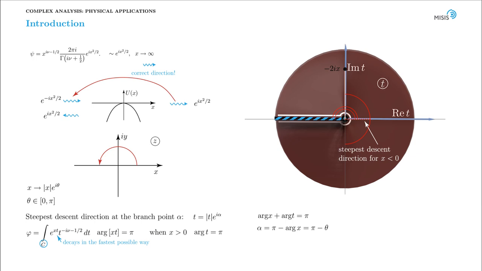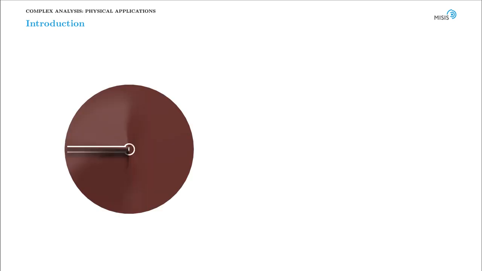But now we seem to have a problem. The upper part of the contour can rotate clockwise and follow the steepest descent direction. The lower part of our contour obviously can't. It is blocked by the branch cut. And here comes the interesting point. Let us recall that the branch cut is the means to put the multi-valued function on a single plane.